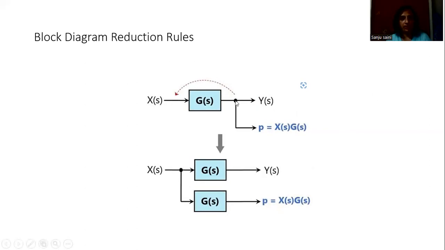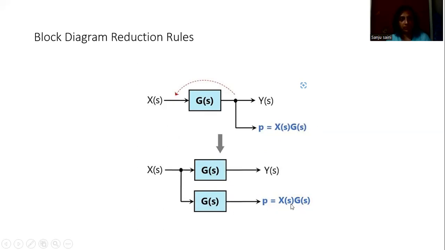Here we have the takeoff point over here that gives a signal equal to X(s) multiplied by G(s). Now this takeoff point is to be shifted to this point, like this. When we change this takeoff point to this, then at this point the signal is X(s). So if we want to take the complete signal from the takeoff point, then this is to be multiplied by G(s).